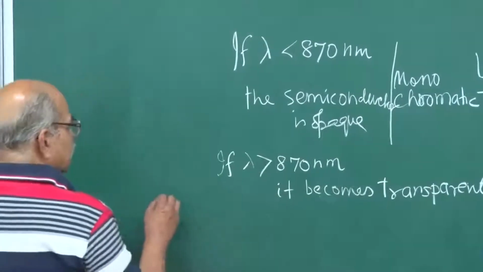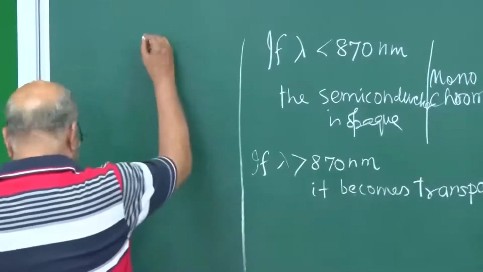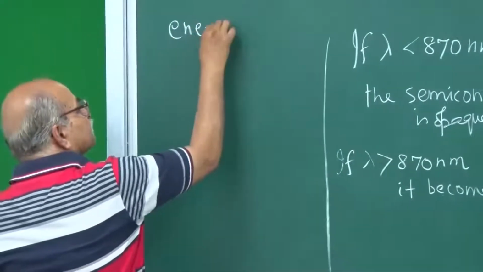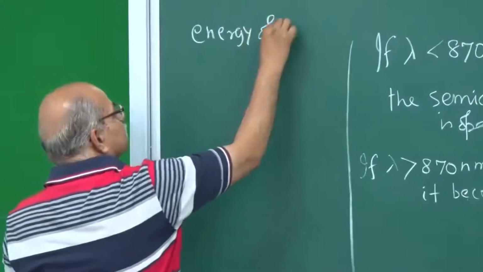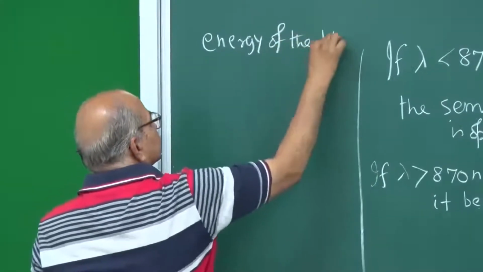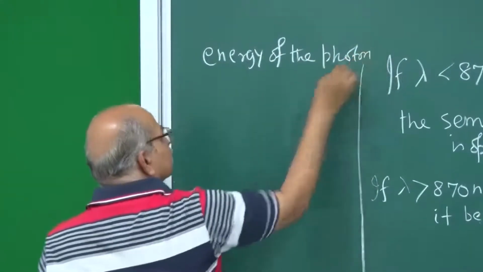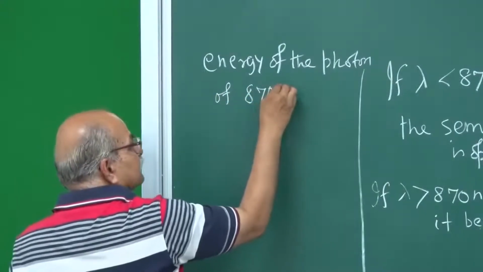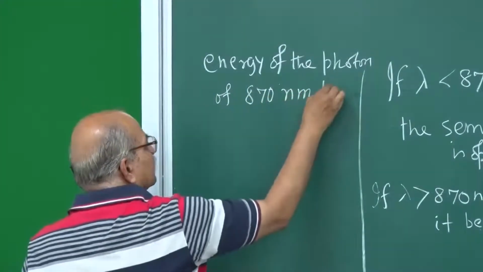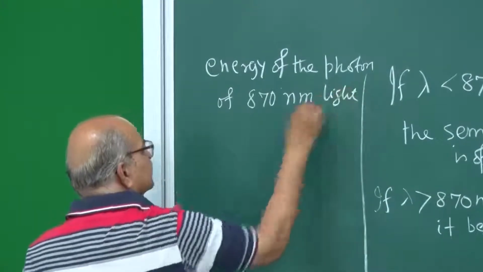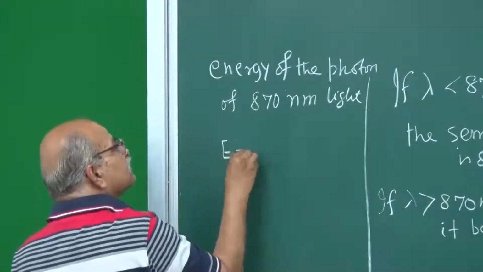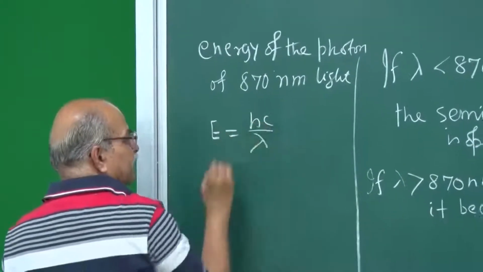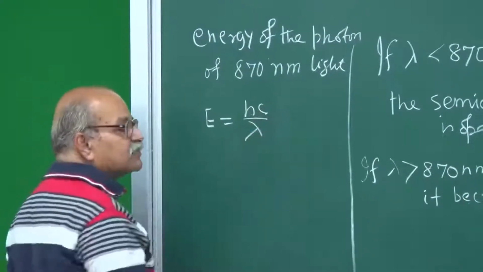For 870 nanometer light, that energy is hc over lambda, where h is Planck's constant and c is the speed of light.